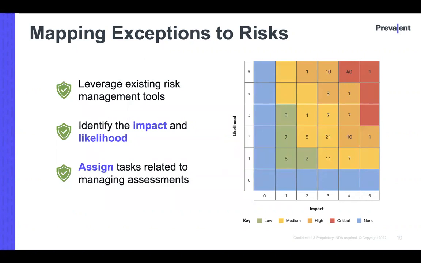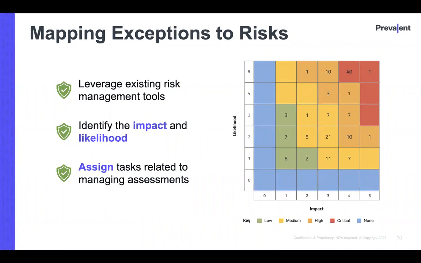So when we say mapping exceptions to risks, what do we mean? Because there hasn't been enough detail from the auditor in terms of, is it a critical, high, medium or low risk or exception, or any indication of impact scores, likelihood scores, some of the standard terminology you'd expect in risk management, that's where we look to leverage our own existing risk tools and risk management processes.